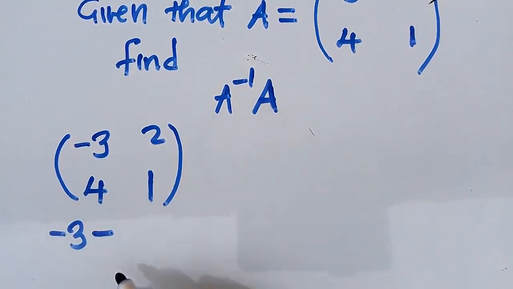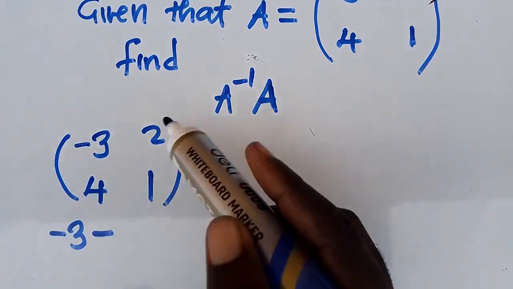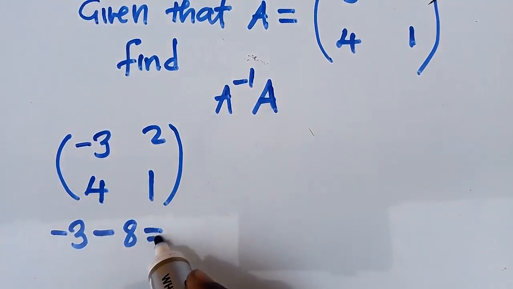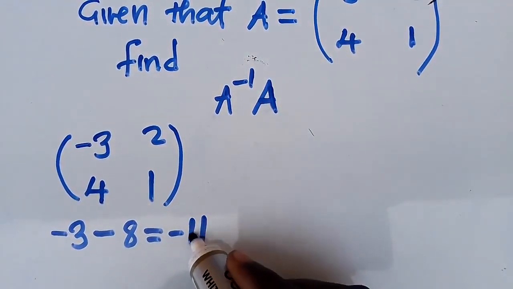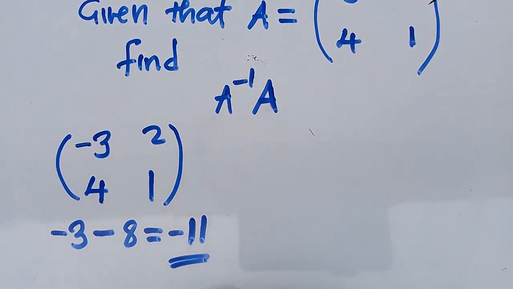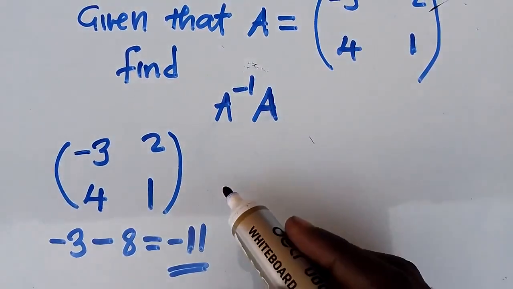Minus 4 times 2, which is 8. When you add those, you get negative 11. This is your determinant.